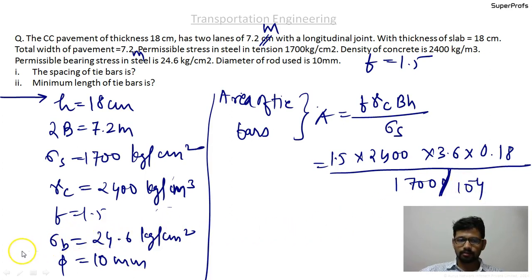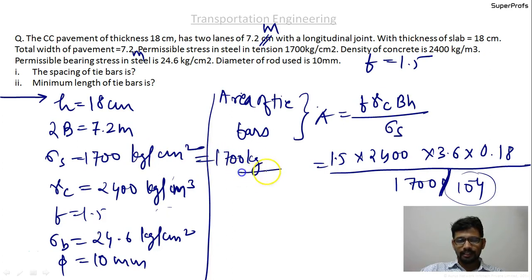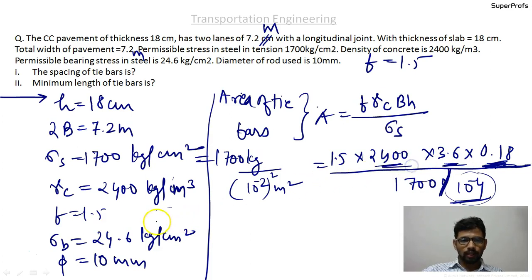This is done just to convert the 1700 kg per centimeter square into kg per meter square. 1 centimeter stands for 10 to the power minus 2 meters, and since it is square we should square it, so that everything is converted into meters. 18 centimeter is 0.18 meters, 3.6 meters, and 2400 kg per meter cube.